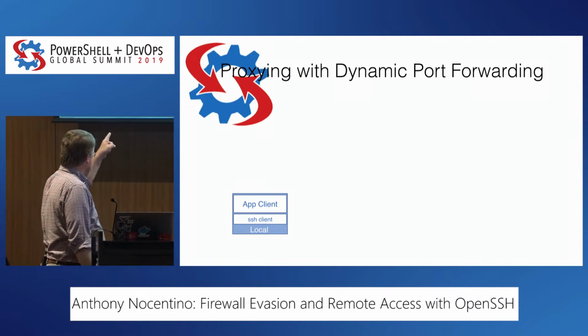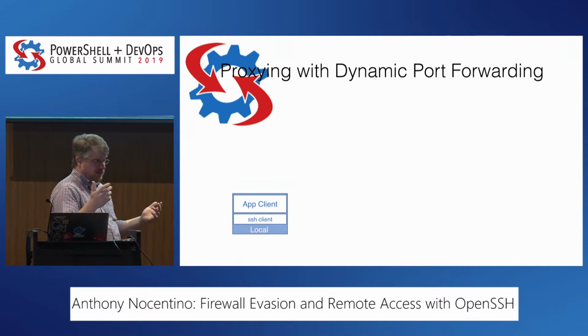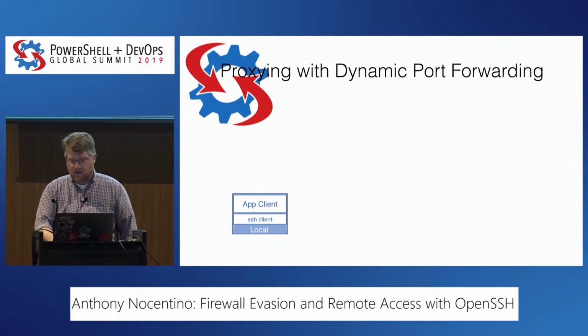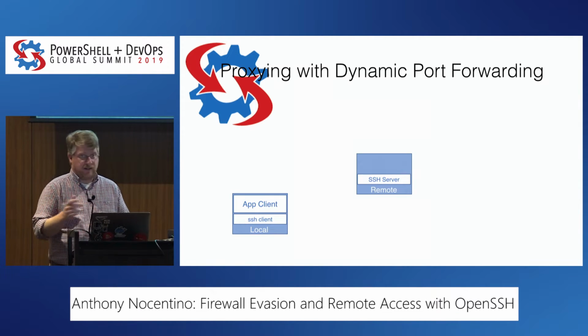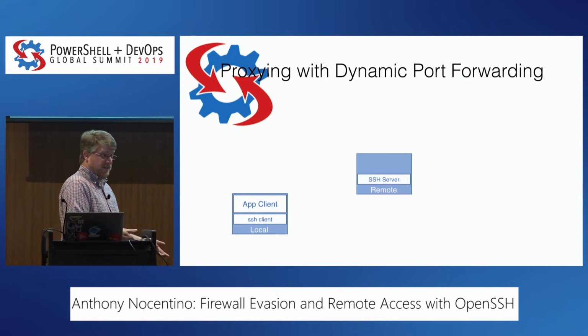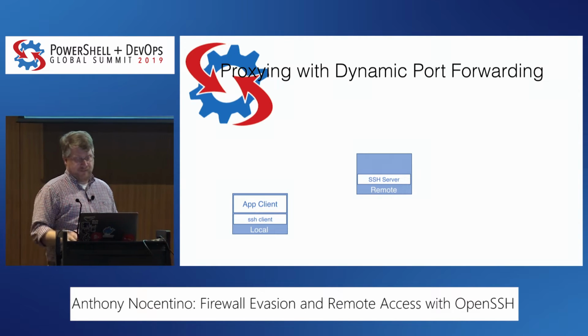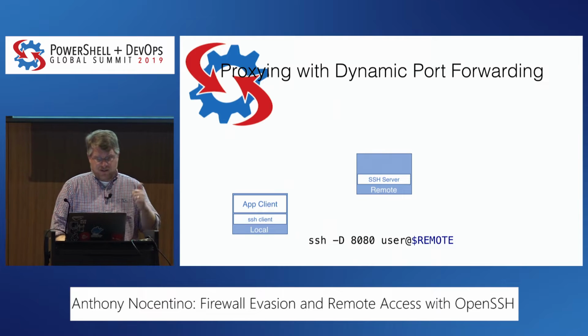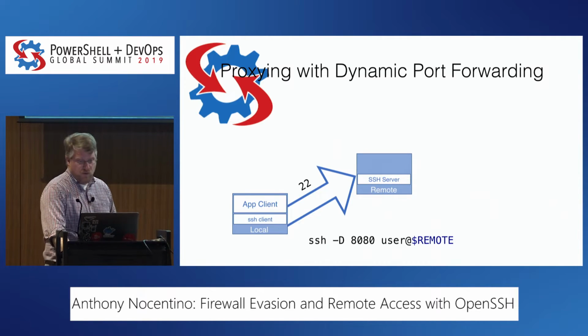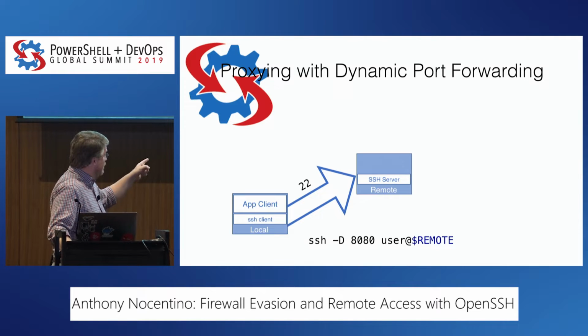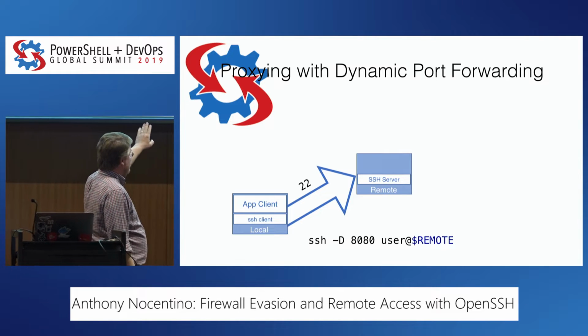So let's say I am on a machine somewhere, right? This one here maybe, I don't know. And I have some machine somewhere else, maybe in the cloud, maybe in a data center somewhere else, or on a more trusted segment in the network or untrusted segment. I can build a tunnel to that host, and then declare that I want to enable what's called dynamic port forwarding.